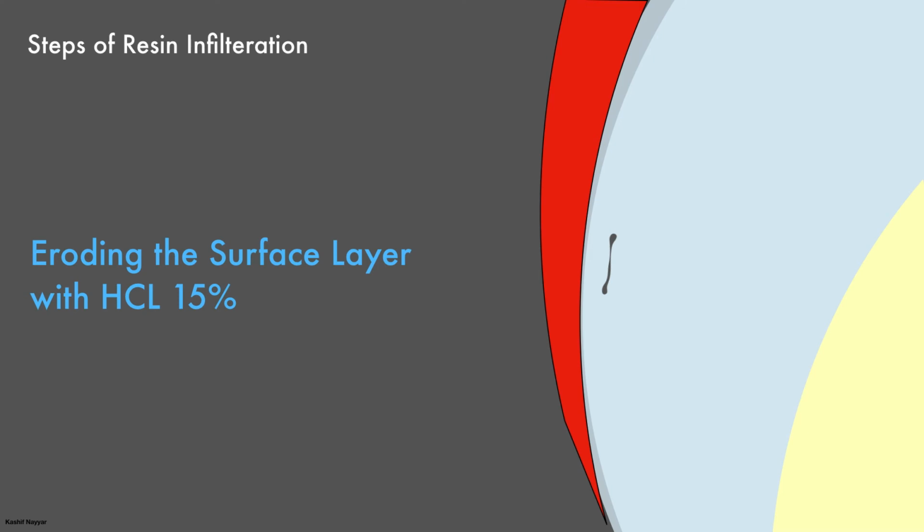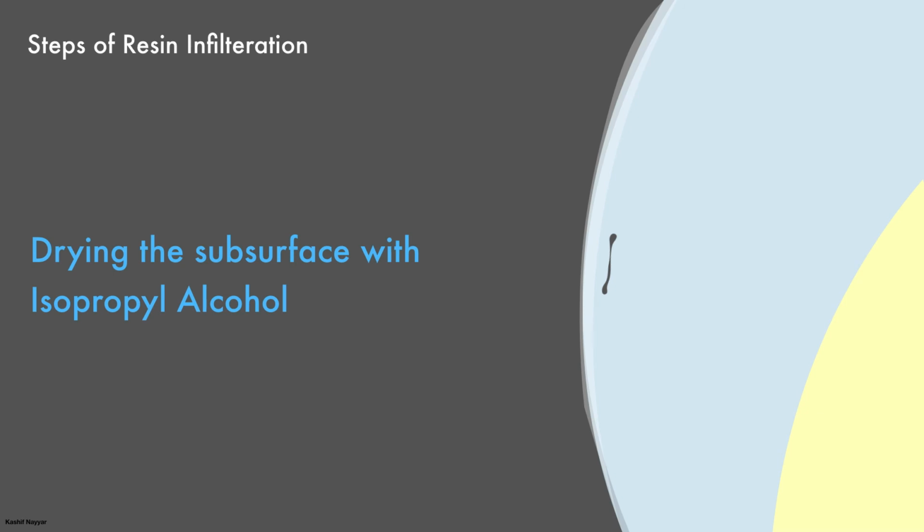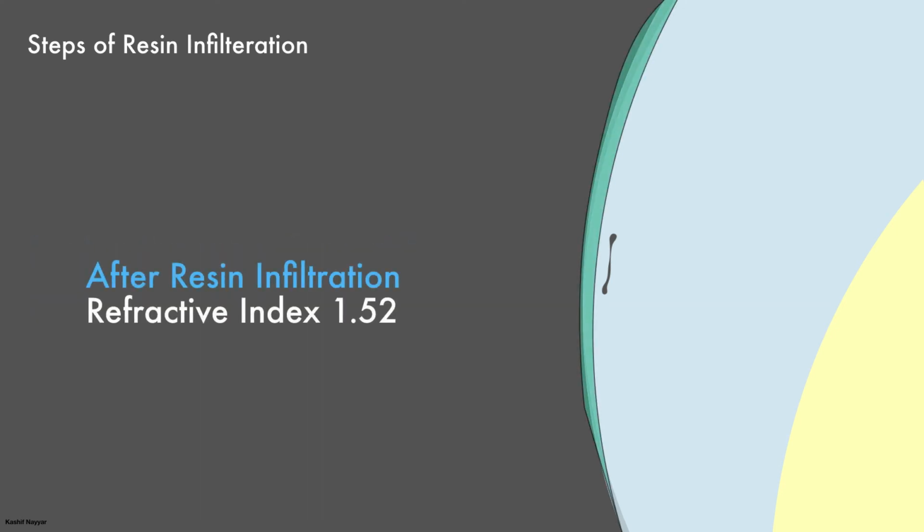The procedure involves eroding the surface with hydrochloric acid, then drying the surface with isopropyl alcohol 96%, so it can take all the water away and all the pores are empty, and we infiltrate the resin, which has a refractive index closer to the tooth structure, which is 1.52.